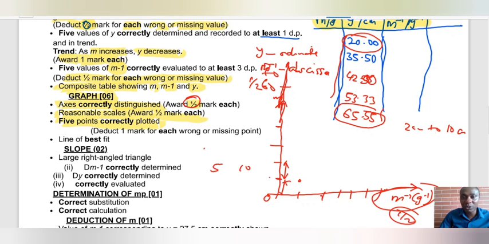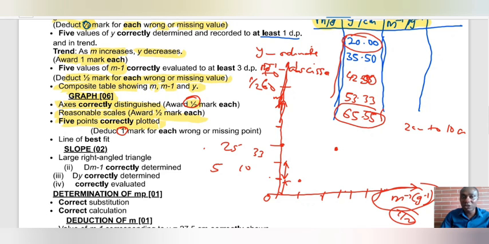If you are plotting 25 against 33, you must get 25 out of this and get, let's say, 33 out of this. So these points are very, very important. You must be able to read the exact point out of this side and also here for you to get your full reading. So if you miss one of the points, you are going to lose 1 mark. So it's 5 marks for that.